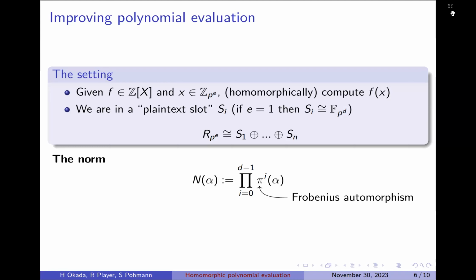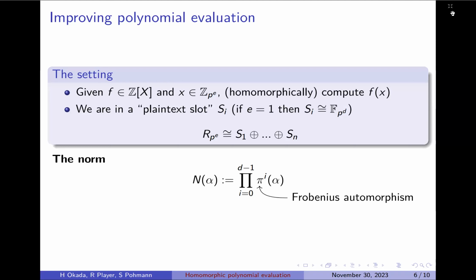Usually, arithmetic in extension fields, say finite fields of higher algebraic rank, is quite expensive to compute, while arithmetic in Z modulo p to the e is very cheap to compute. So if f and x are already scalars, you would never think of going into a ring with high algebraic rank.